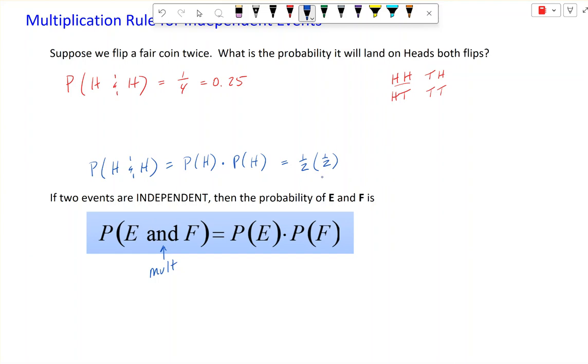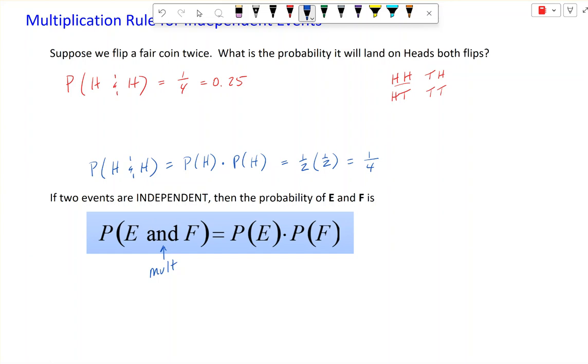If you don't remember how to multiply fractions, we multiply numerator to numerator, so 1 times 1 is 1, and then denominator to denominator, so 2 times 2 is 4. By applying our multiplication rule for independence, we get the exact same outcome as we did using the sample space.